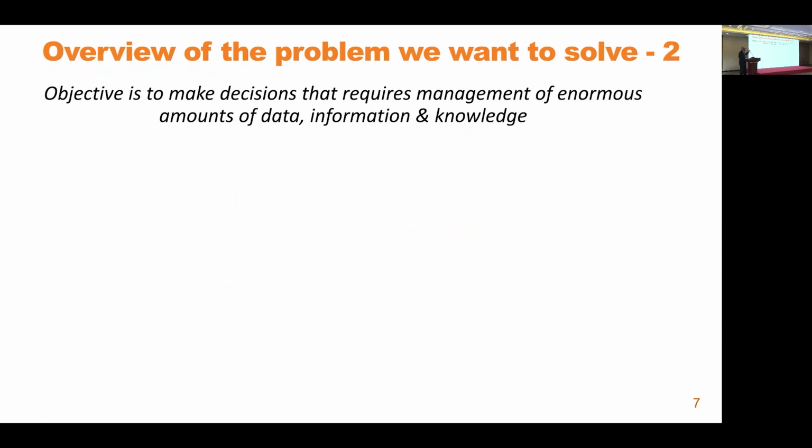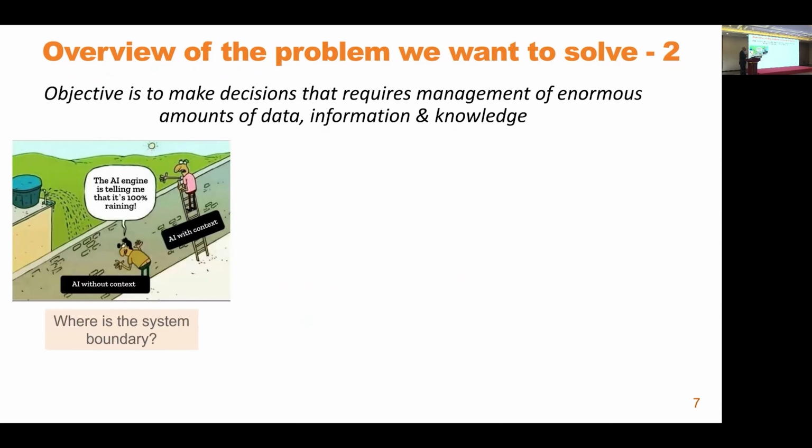So now I will try to give some overview of some problems. One is that whatever problems we are solving, we are making some decisions, and that decision requires management of enormous amounts of data, information, knowledge, so that we can solve the problem. And the first thing is, as we saw the system, where is the system boundary?